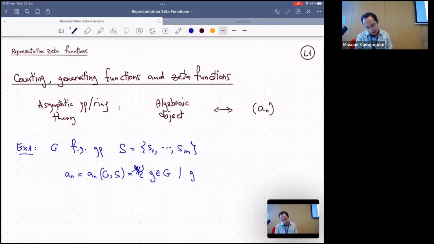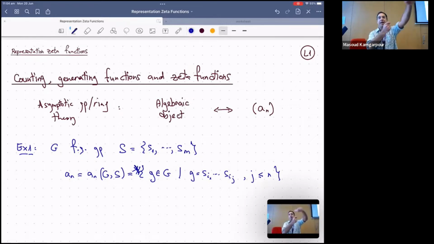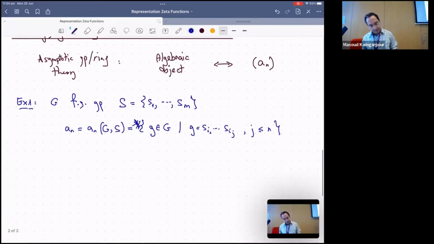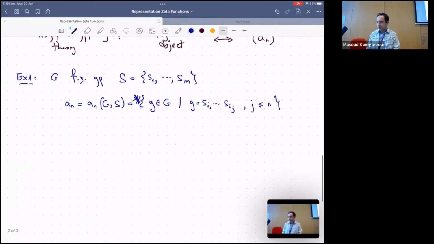So there exists a sequence s_i1 up to s_ij, with j less or equal to n. If you think about the Cayley graph, this is the distance of your element from the origin. And this is called the volume sequence of the group with respect to these generators.